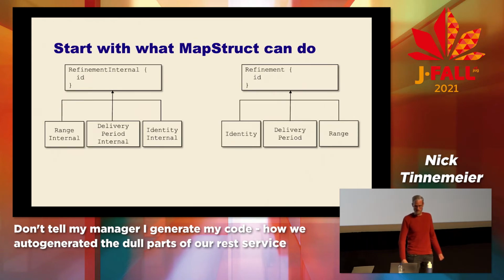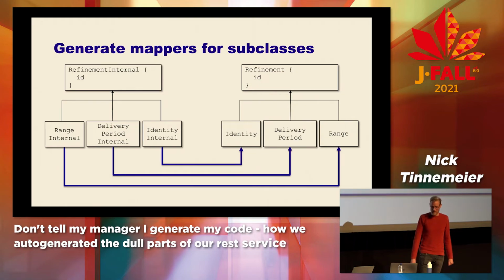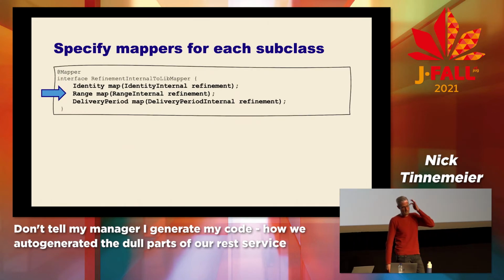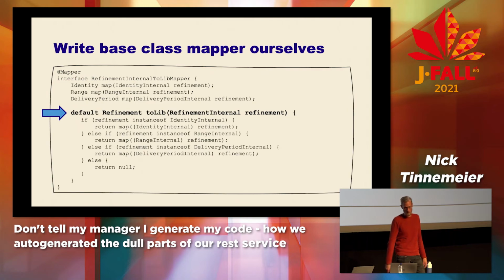So let's start with what MapStruct can do. It is able to actually generate mapping methods for each subclass. So let's make use of that. What we did here is we just specified the mapper for each subclass case. For instance, the first line, we define the mapping method for the identity refinement, do the same for the range and delivery period refinement, and MapStruct will actually generate the mappers, because this is the case it can handle.